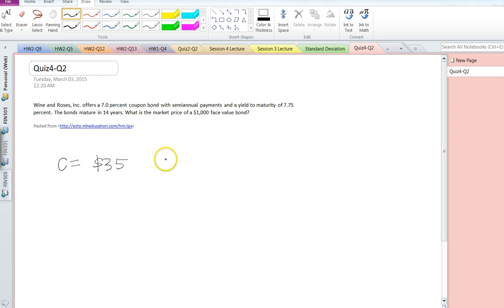And semi-annual yield to maturity should be this number, 7.75% divided by 2. So that gives me 3.875%.